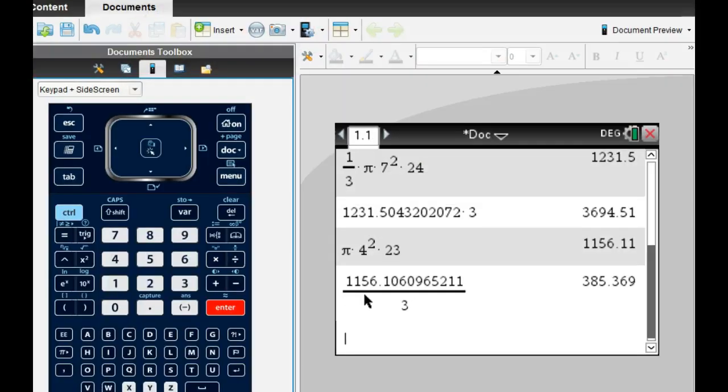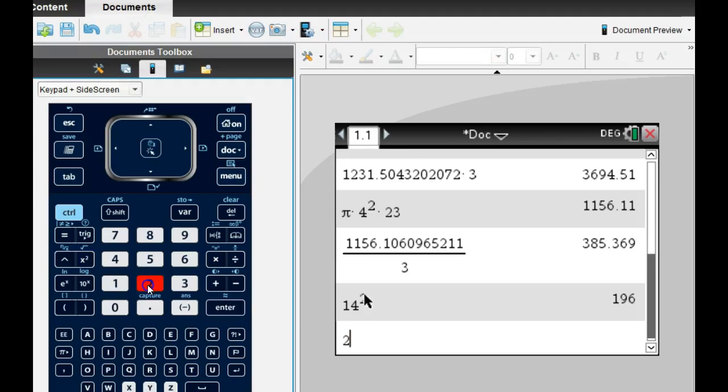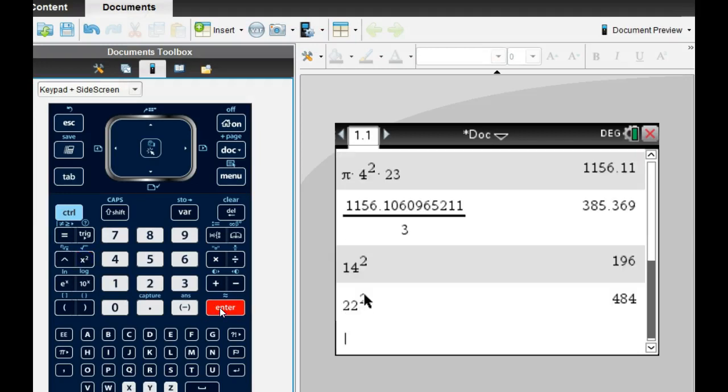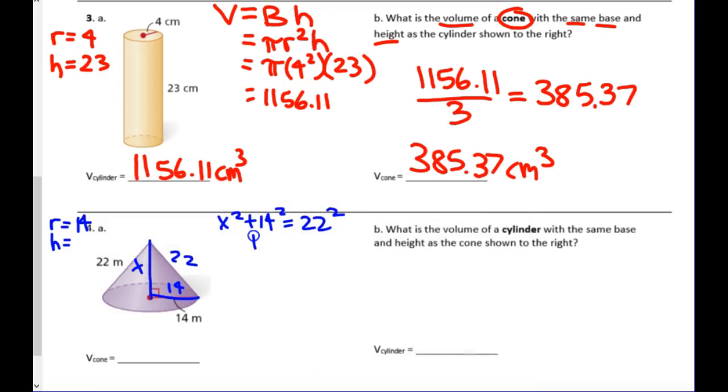I need 14 squared and 22 squared. 196, 484. Okay, so I squared my numbers first for Pythagorean Theorem. And then, just like on number 2, I need to subtract because I'm missing a leg. Minus 196, minus 196.